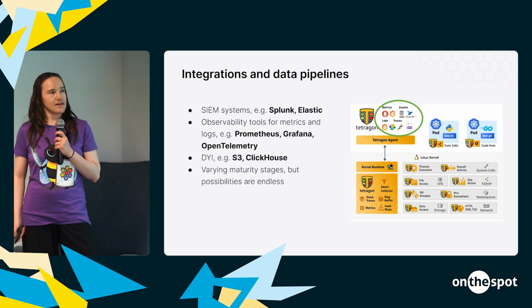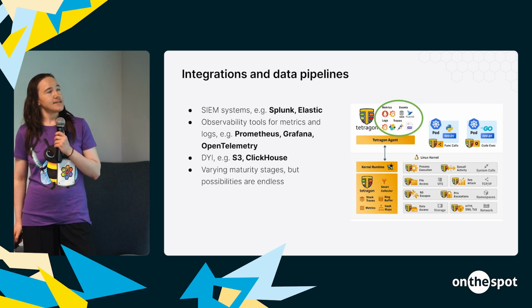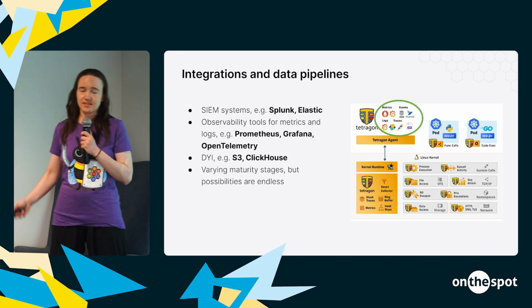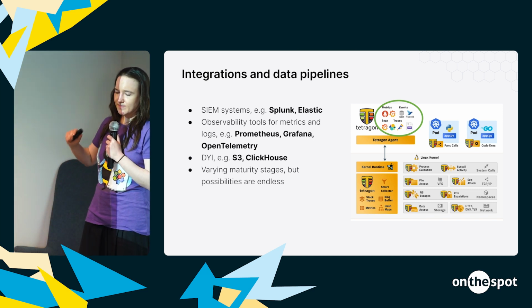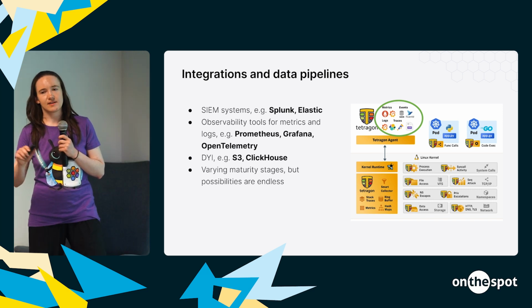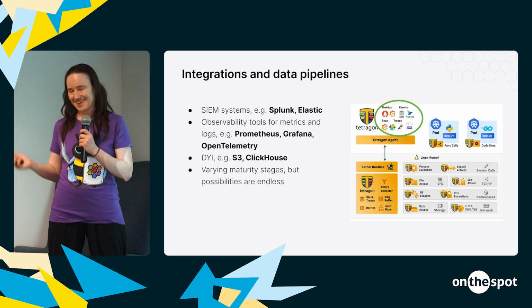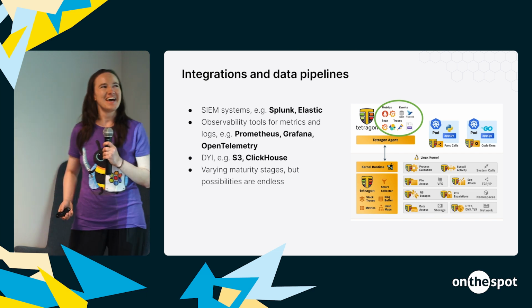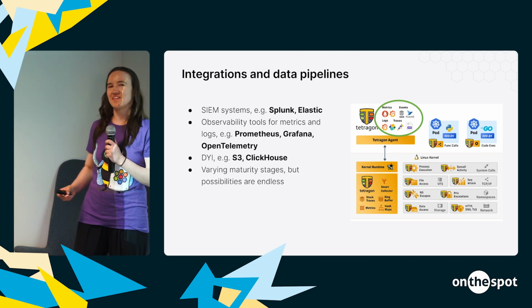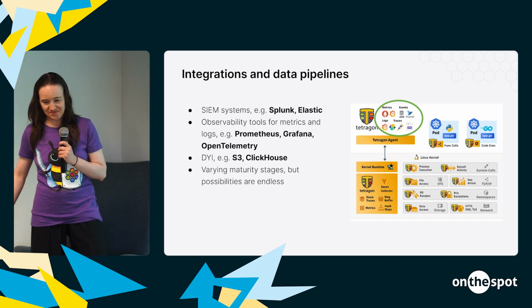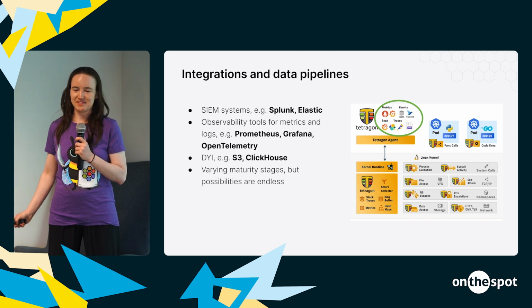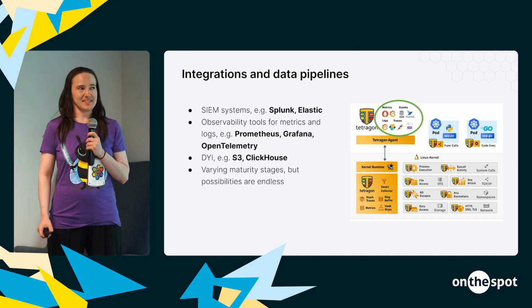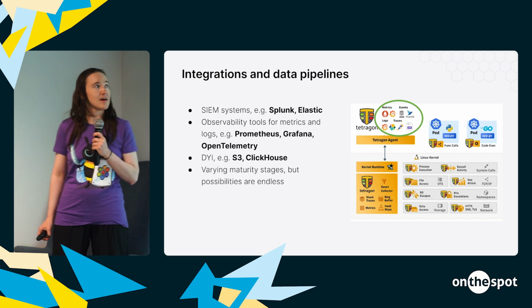And the last bit, integrations and data pipelines. So Tetragon is a very low-level tool which generates events in the kernel. And what then? This is essentially my job. This is what I'm focusing on, integrations with the very big observability and security ecosystem.